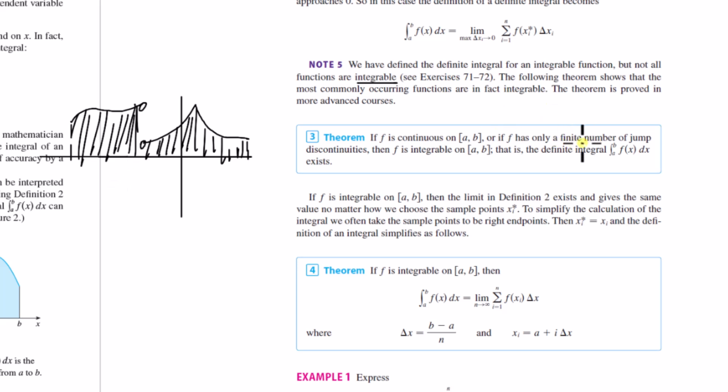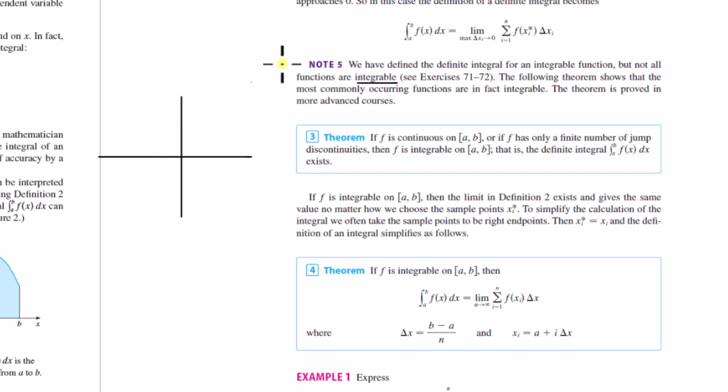They're saying finite number of jump discontinuities because if you had an infinite number of jump discontinuities, that doesn't make sense. I don't know how you have an infinite number of jump discontinuities; that's just being mathematically, technically correct. But you can find this area, so that's integrable. We've seen functions with jump discontinuities like the greatest integer function.